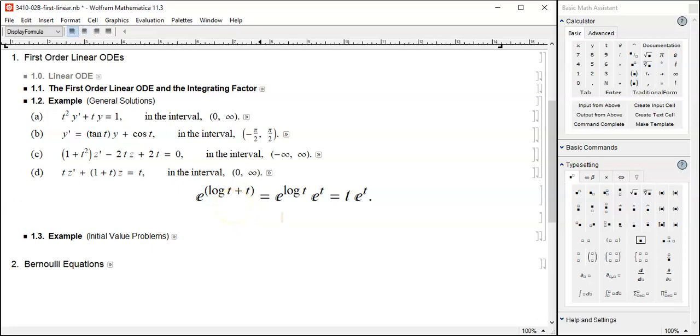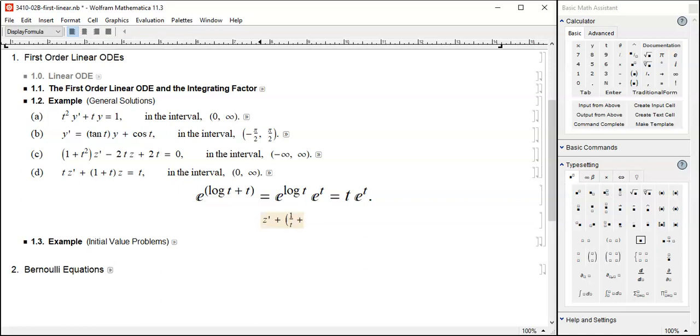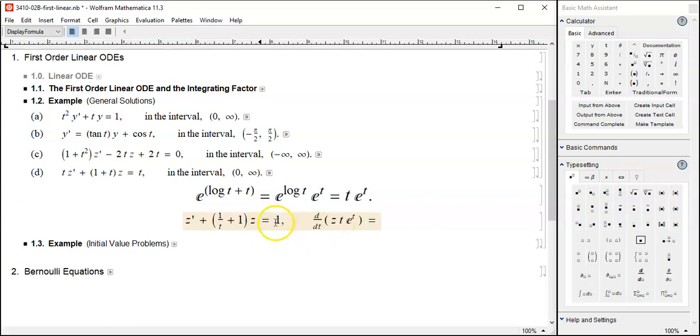Let's see, what was the standard version? Z prime plus 1 over t plus 1 z, which is equal to 1. That was it, isn't it? After dividing everything by t. So the left-hand side is z times the integrating factor, z times t times e to the t power. And then on the right-hand side, I have to multiply the integrating factor to 1, which is t times e to the t power.